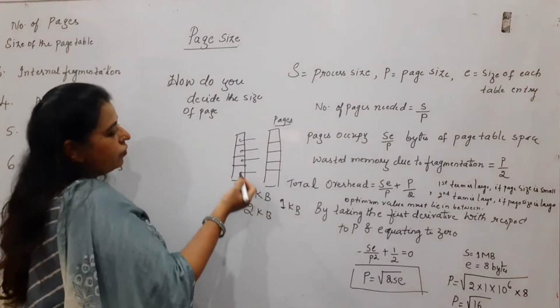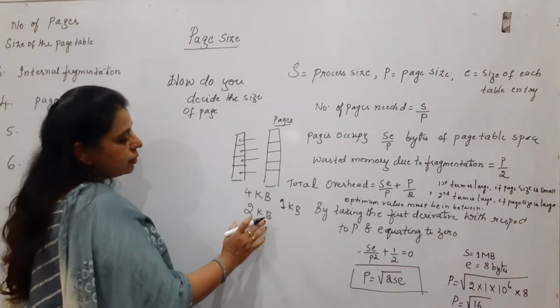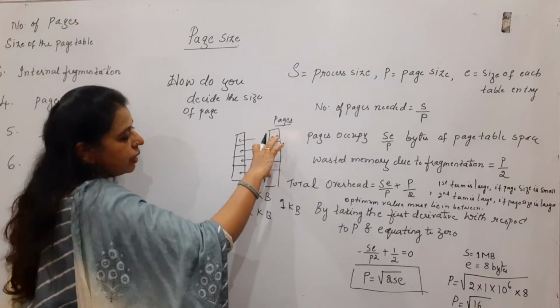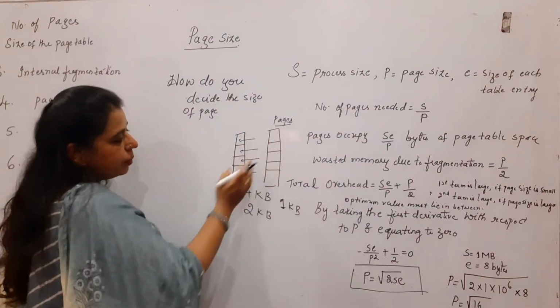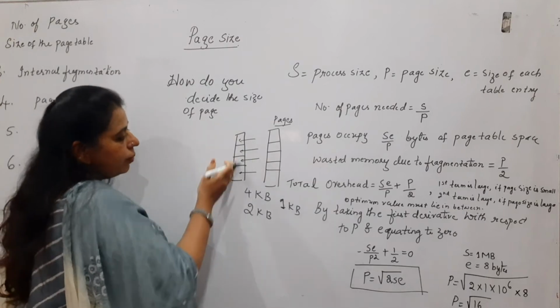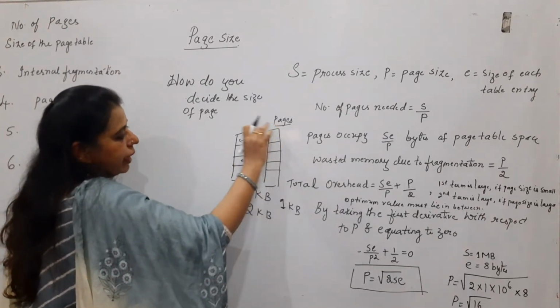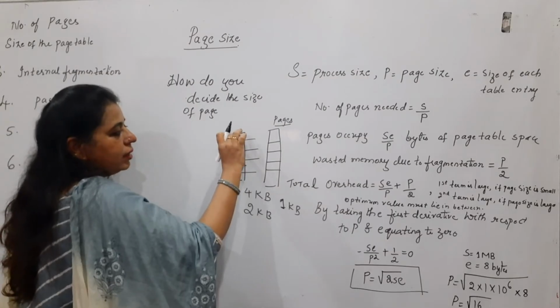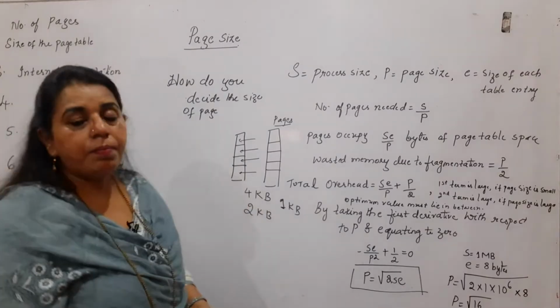Now, if these are the values given in the numericals, exactly how does the system decide? Because we say that the complete secondary memory is divided into equal size partitions called pages, and whatever is the size of the page in the secondary memory, the same size is there in the main memory also. So on what basis is the system deciding the page size?